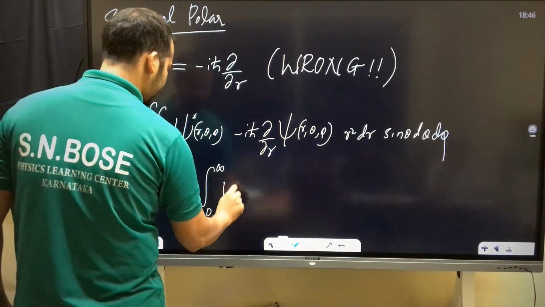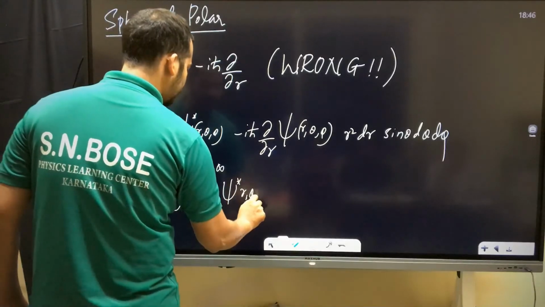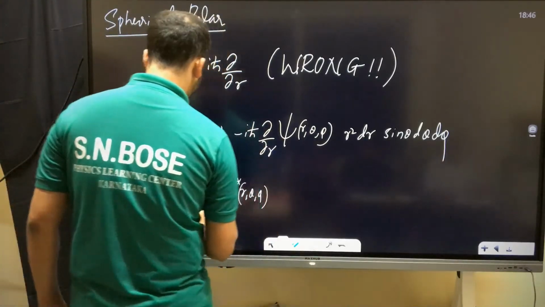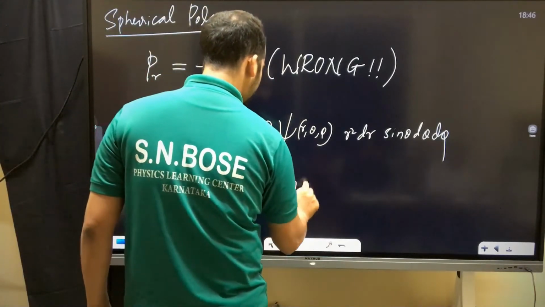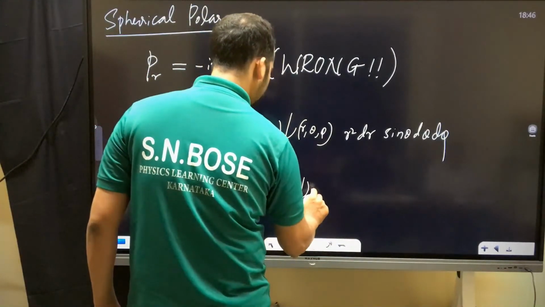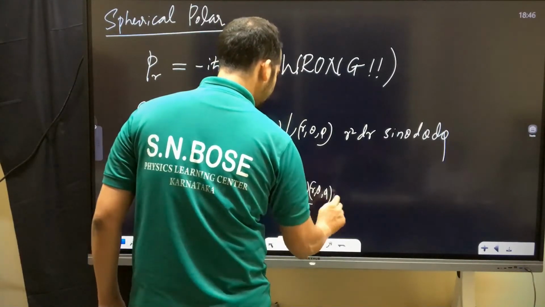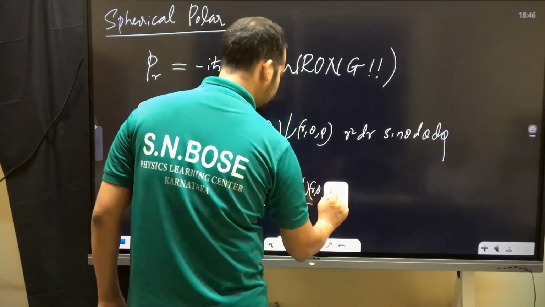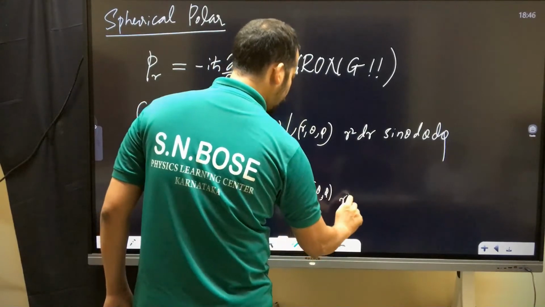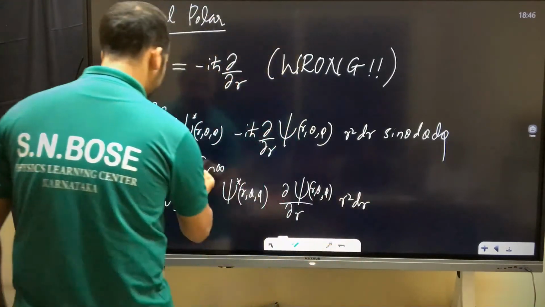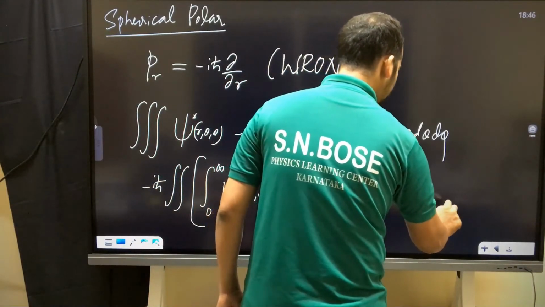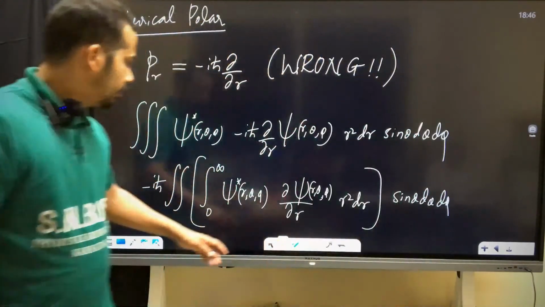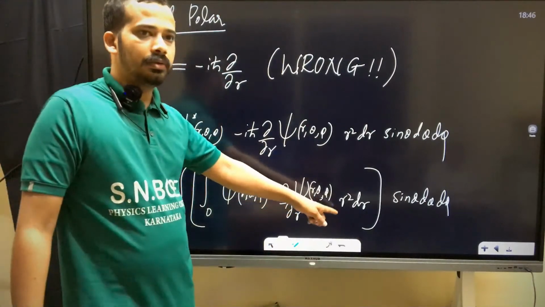So psi star of r, theta, phi, minus i h bar I will take outside, dou psi by dou r of r, theta, phi, r square dr, and then sine theta d theta d phi. Are you getting my point? Now again, it gives some issue.